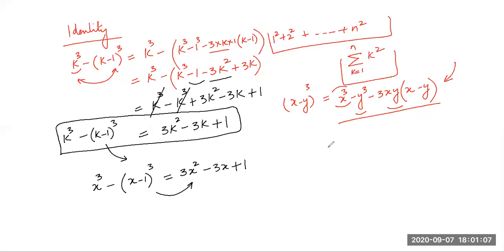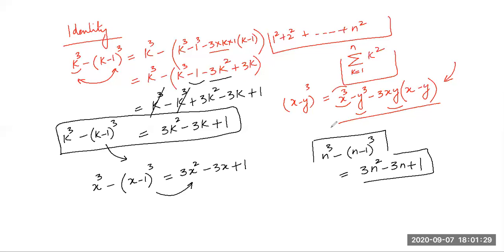So if it is n cube minus n minus 1 whole cube, it will be equal to 3n square minus 3n plus 1. That's great. Better you write it 5, 6 times. Remember it. Once you know this formula, this derivation is very easy.